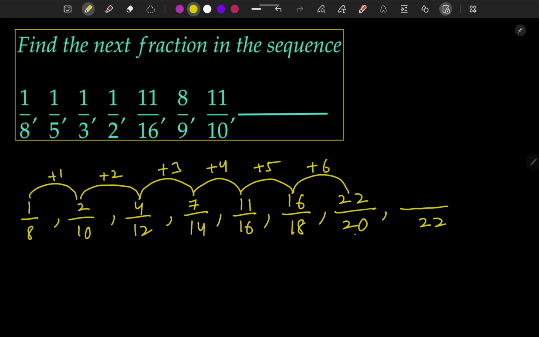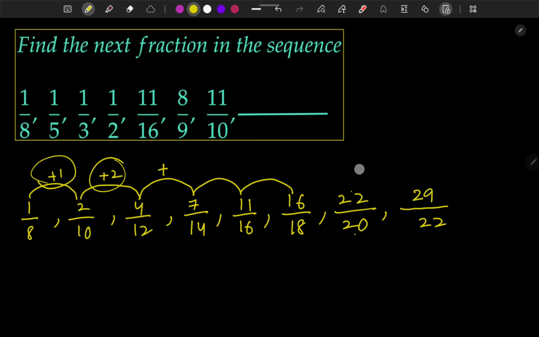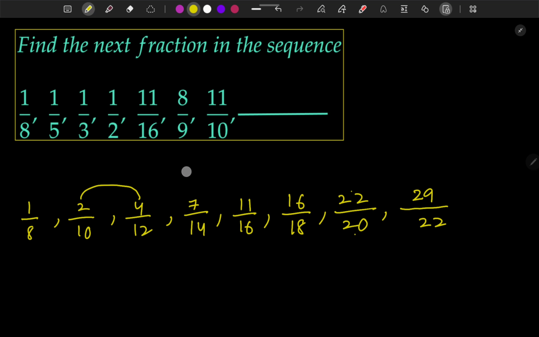Therefore, the numerator of the next fraction you will get by adding 7, because you see here plus 1, plus 2, plus 3, plus 4, plus 5, plus 6. Therefore, we should add 7 to the numerator of 22 by 20, which is 22. Therefore, the numerator of the required fraction is going to be 29. Therefore, the next fraction in the given sequence of fractions is 29 by 22.